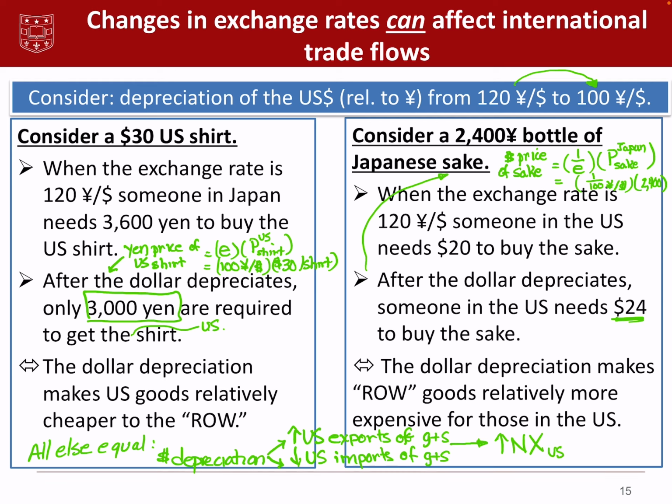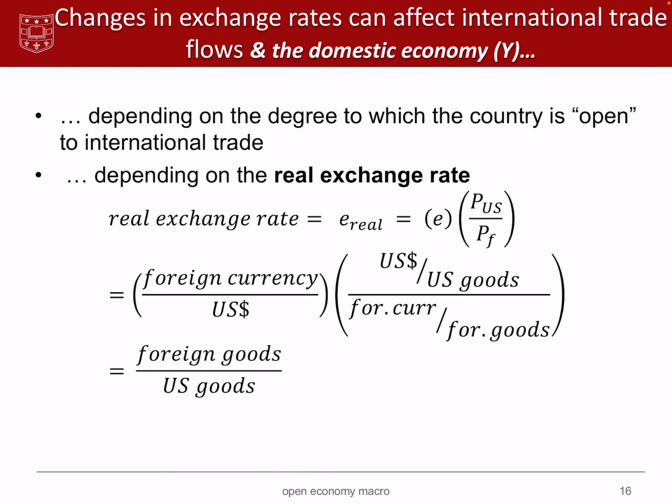And if net exports go up, we might predict that would increase gross domestic product, all other things equal, right? Because Y is equal to C plus I plus G plus NX. And if net exports is going up, then again, other things equal, gross domestic product would be going up.